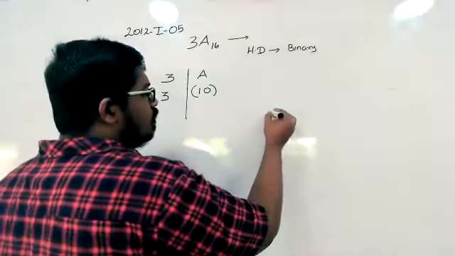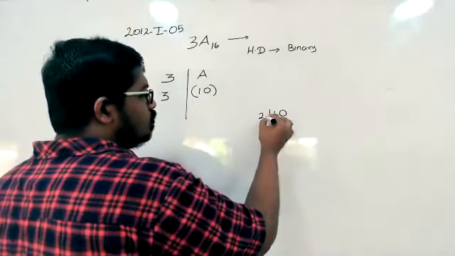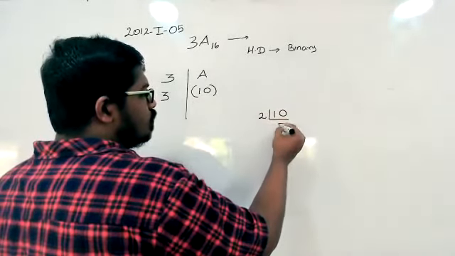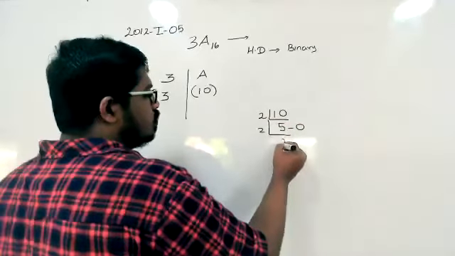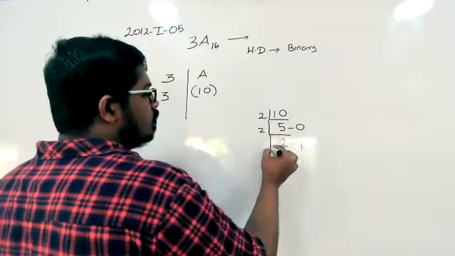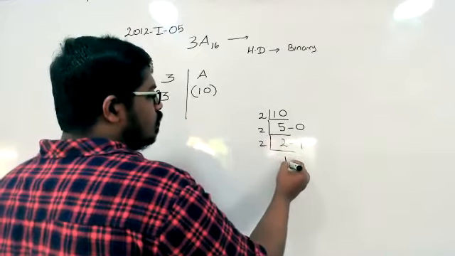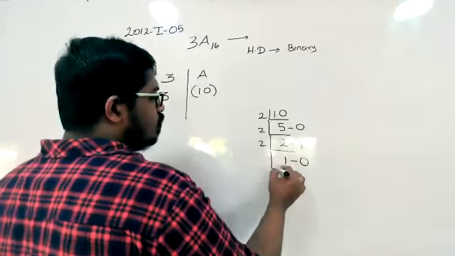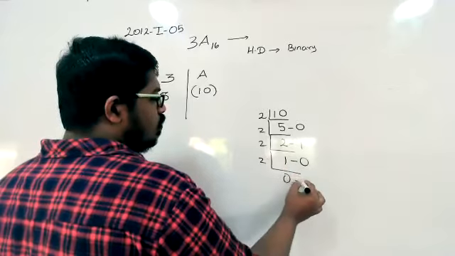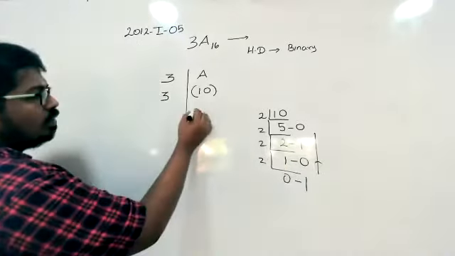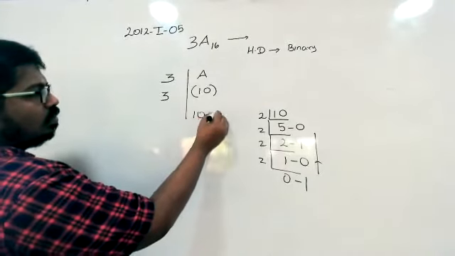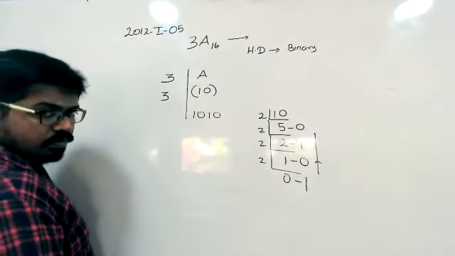So when I divide the number 10 by 2, it will be 5 remainder 0, 2 remainder 1, 1 remainder 0, 0 remainder 1. So A will be 1 0 1 0.